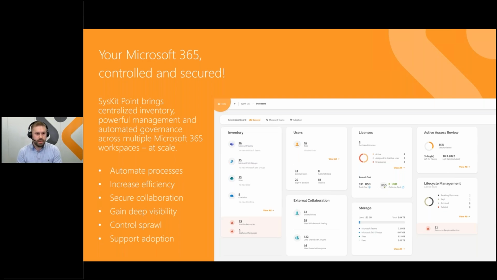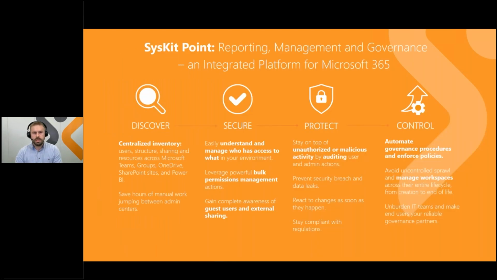So now let's talk about how SysKit Point actually works and what would be your scenario, for example, while using Point. In short, we start from centralizing your inventory so that you can have an overview of all of your workspaces, including Teams, sites, groups, OneDrive, and even Power BI.